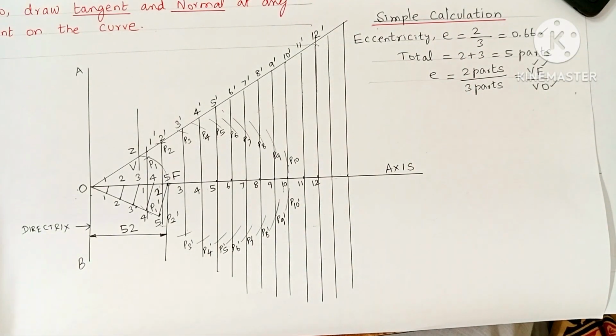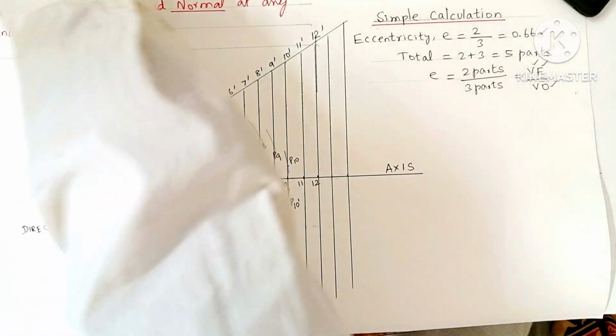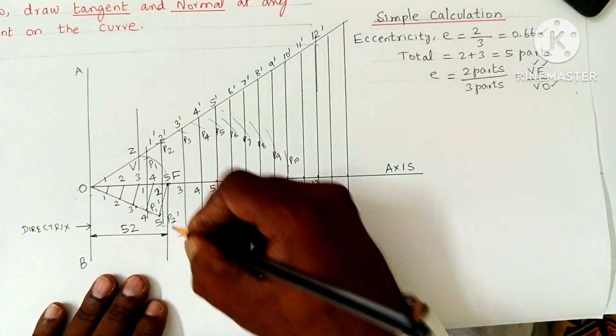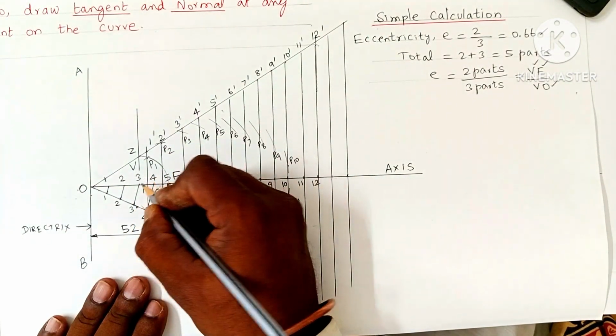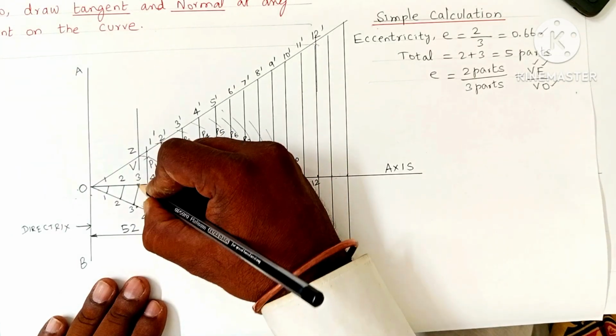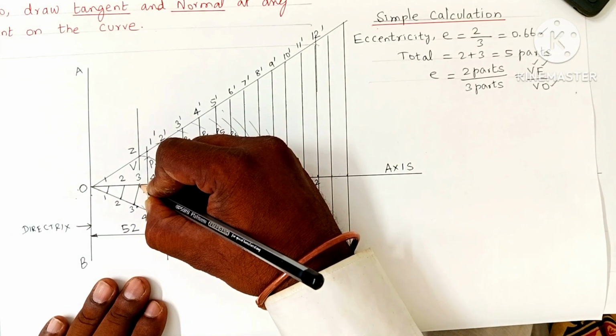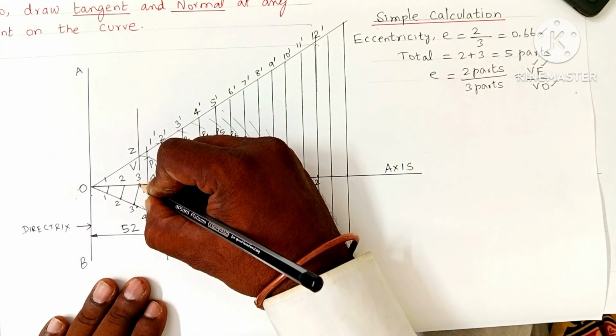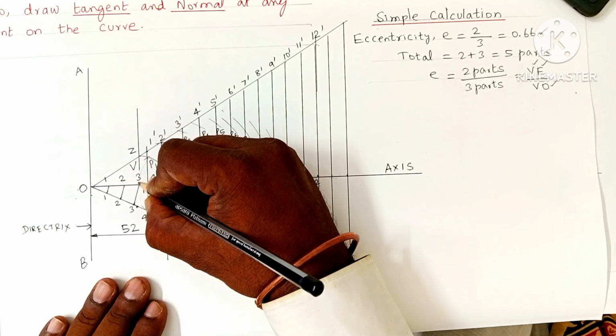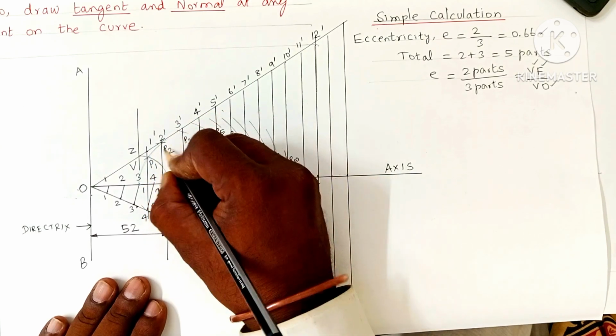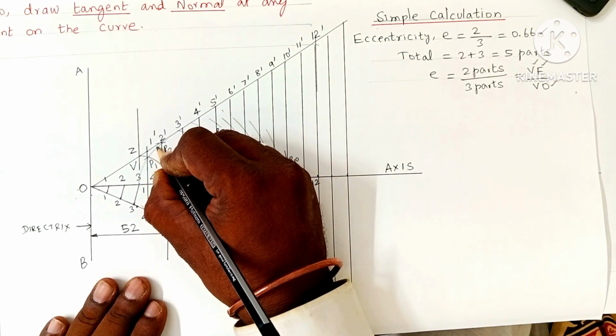So draw a smooth curve passing through these obtained points starting from point V. V is our vertex. This third point is our vertex. First you draw a lighter line, very lightly. A smooth curve is drawn. Your hand should bend; don't turn your drawing sheet or the drawing board.